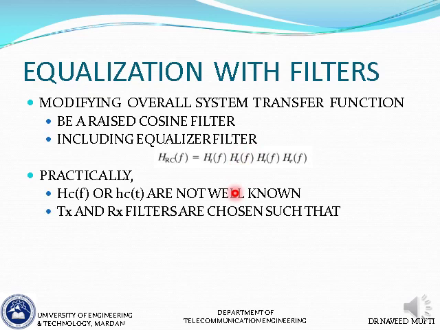But there is something else that we can do. We can design the transmitter and receiver filters in such a way that their product H_T of f into H_R of f is equal to that of a raised cosine filter. So what does this effectively mean?